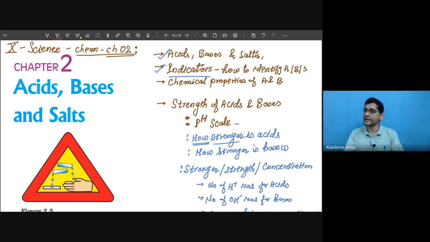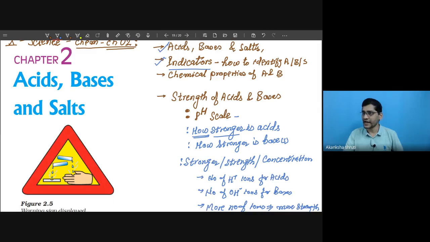So those acids which readily give H plus ion, or give more H plus ions when dissolved in the same amount of water, or per unit volume of water, we say that acid is stronger, or the strength of that acid is more, or that acid is more concentrated.